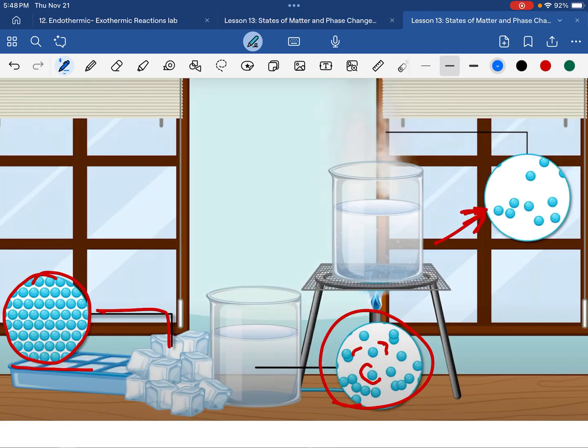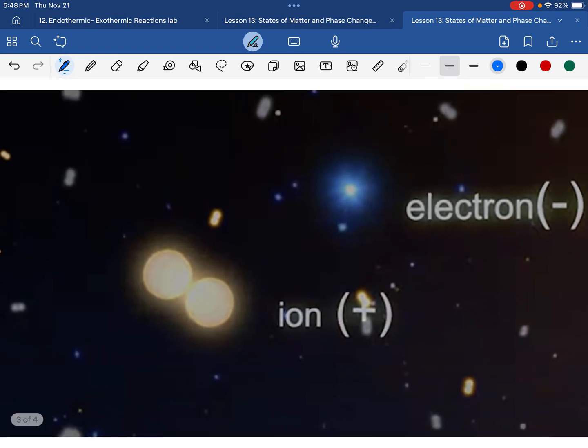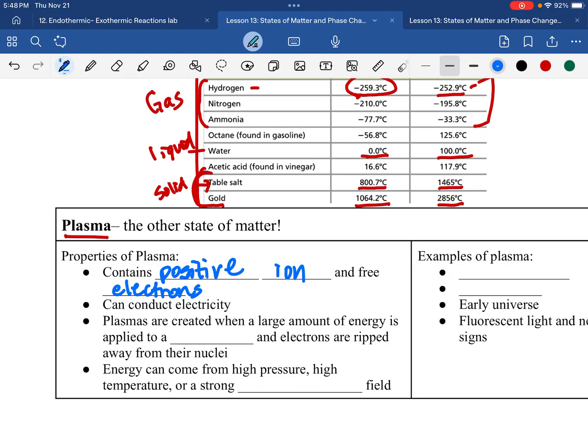So if we look at a little picture here, plasma is a gas that has had so much energy applied to it, so much heat or pressure or both, that the electrons have been stripped away from the nuclei. So it's just free-floating electrons and free-floating nuclei, protons and neutrons. And it can conduct electricity.